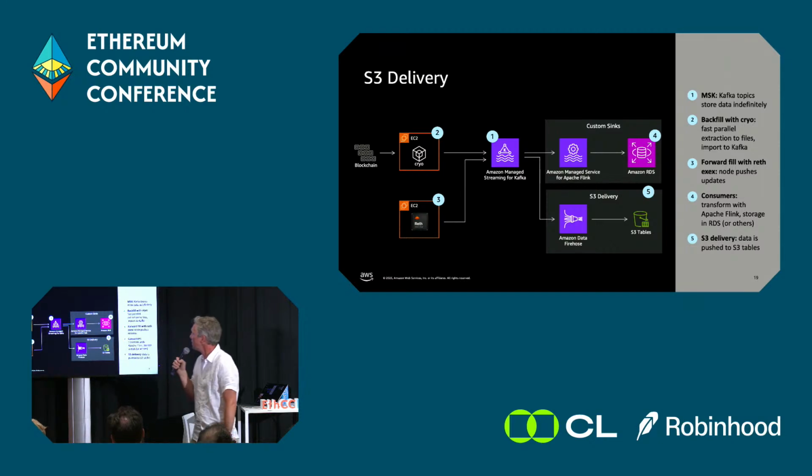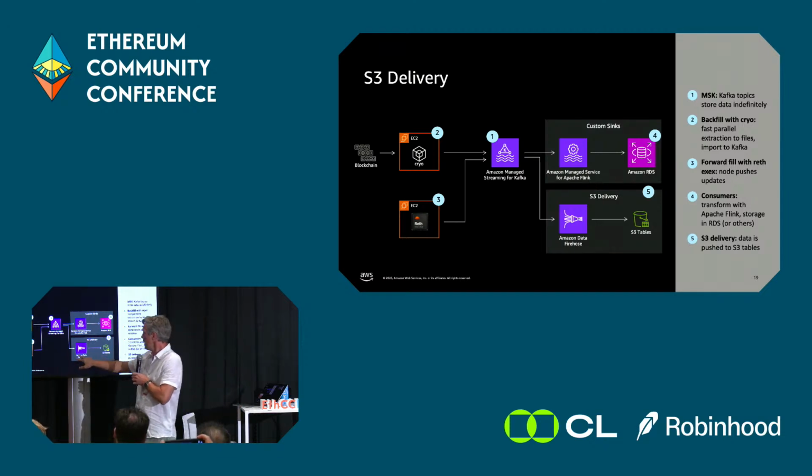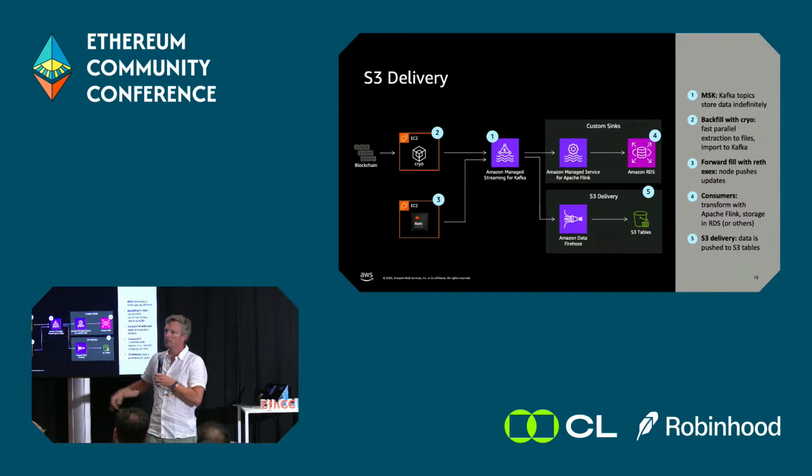I do want to mention one other custom sink that you can implement, which is S3 delivery via Amazon Data Firehose, which basically takes the data as it comes along and stores it in Parquet file format in S3. So this is really the long-term storage if you ever want it.